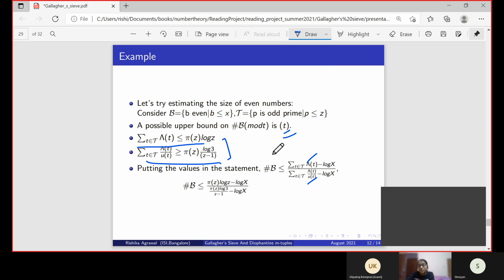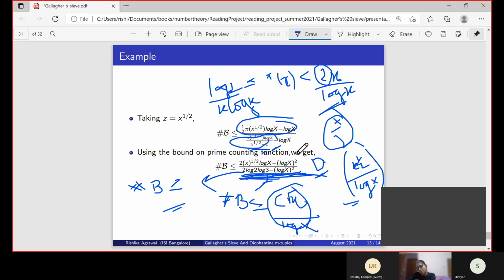Maybe if we had used better bounds, we could have found this result. But what I just wanted to say is there are very few places where Gallagher's sieve found real life applications, though it is a very basic and a very beautiful sieve. So in our next talk, what we'll see is the problem of Diophantine m-tuples and how beautifully it uses Gallagher's sieve to derive its bounds.